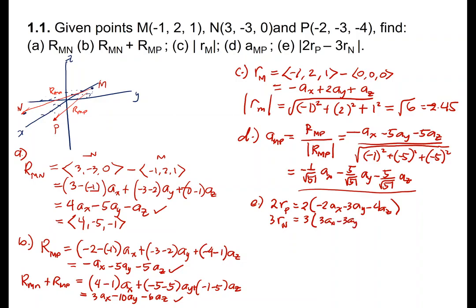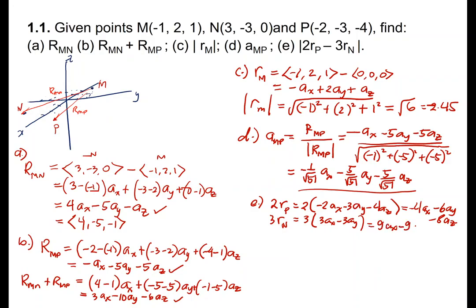We have no AZ component, so you just leave AZ as 0. So for 2RP, you have negative 4AX minus 6AY minus 8AZ. For 3RN, you have 9AX minus 9AY.